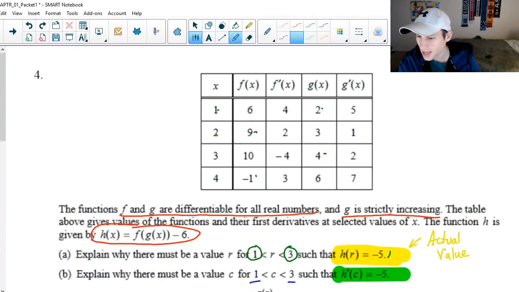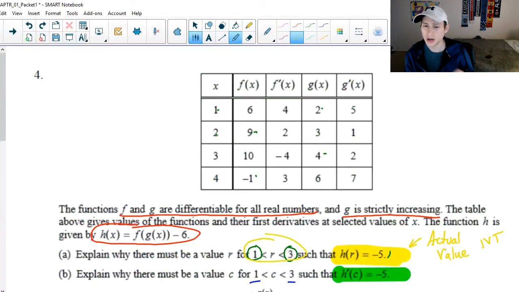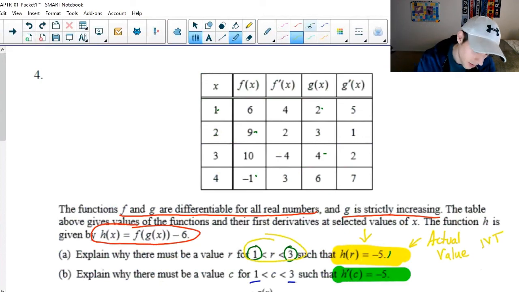If the question is asking for the actual value of the function, right? Is there something that h of r will be -5? It's probably going to be an intermediate value theorem problem, right? If it's talking specifically about a number between two other numbers, and you're trying to hit a goal of will the function equal some value, it's probably going to be intermediate value theorem.